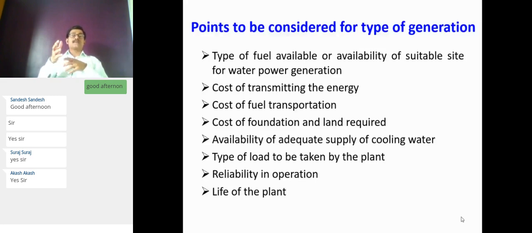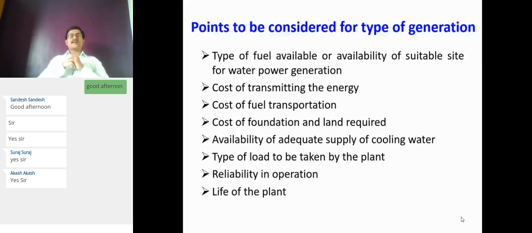The cost of fuel uploading, the cost of transportation, then the cost of downloading it at the consumption center. All these are nothing but the cost of fuel transportation. You need to ensure that the appropriate transportation facilities are available when you are making a particular selection for the type of power plant.